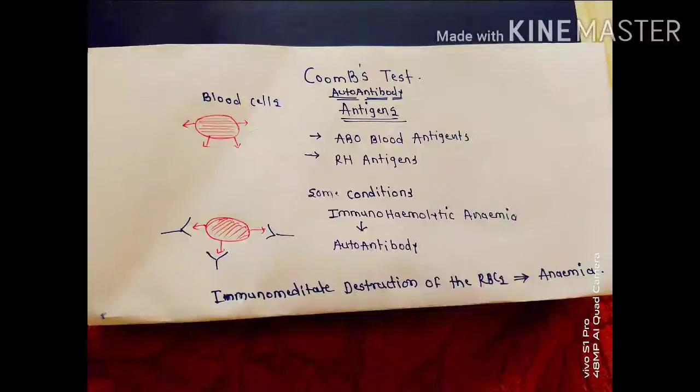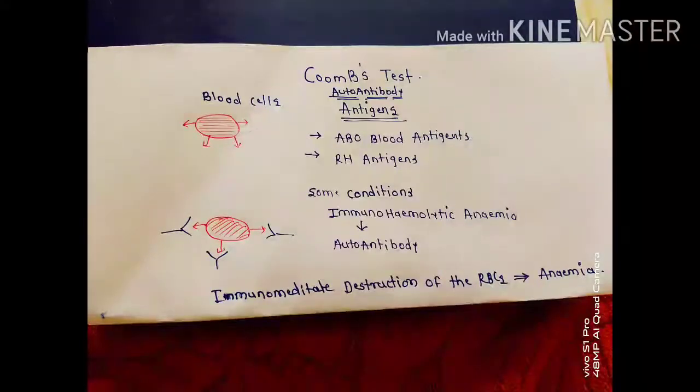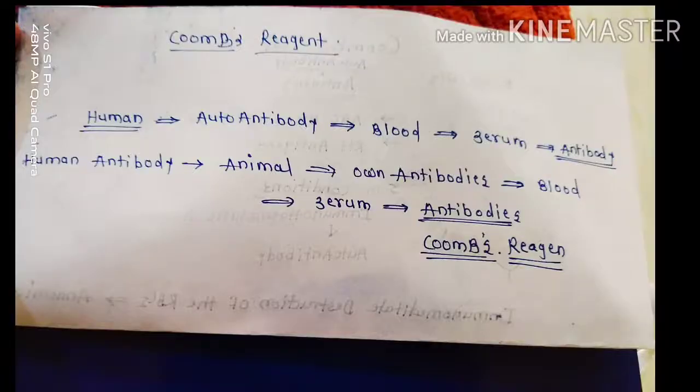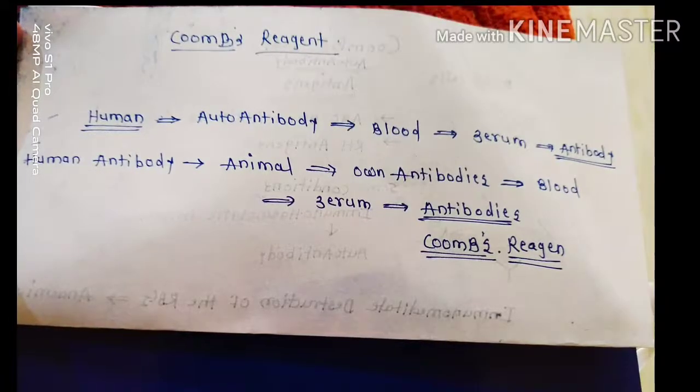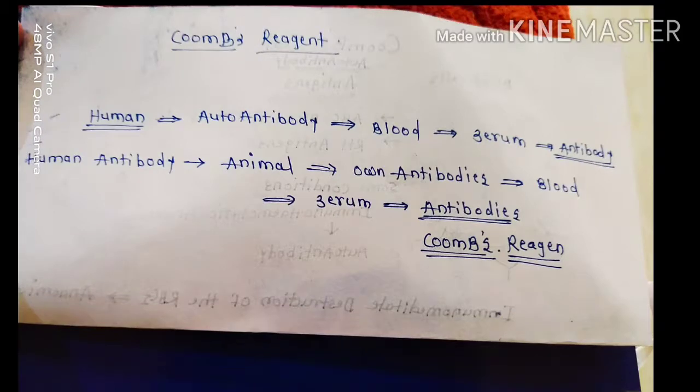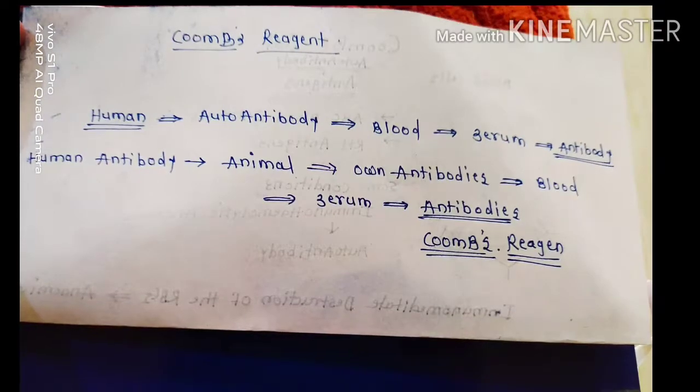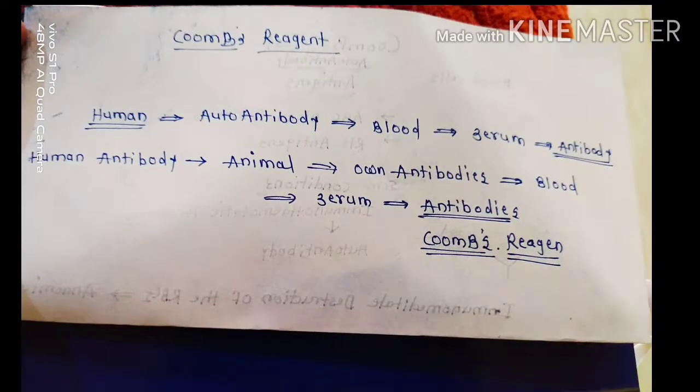These types of autoantibodies can be found by the Coombs test. So first we know about the antigens and autoantibodies. The reaction between autoantibodies and antigens can cause immune-mediated destruction of RBCs, which causes anemia. So here we discussed antigens and antibodies.